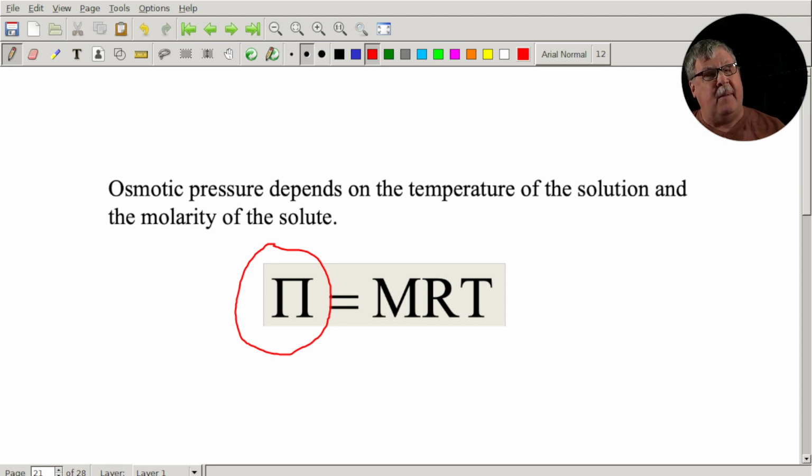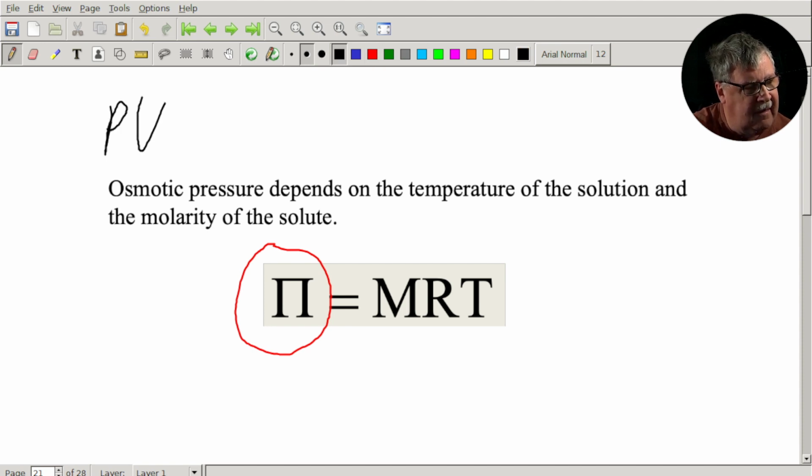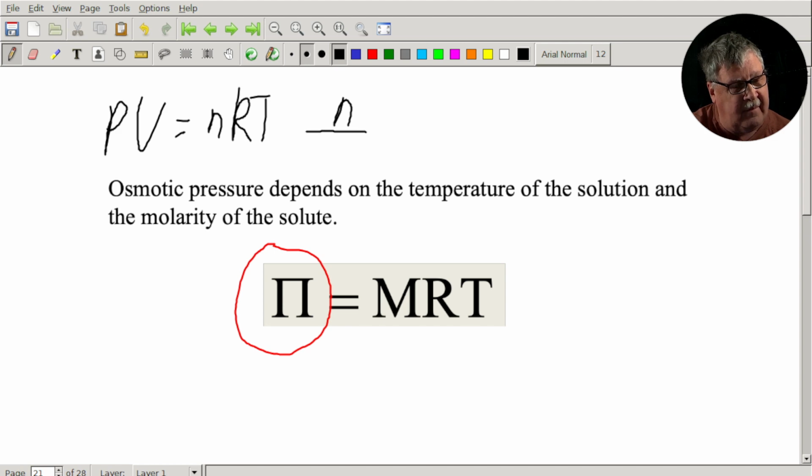So osmotic pressure is going to depend, one, on the molarity of solute particles, and two, on the temperature. And the origin of this equation is actually PV equals nRT, where if you take number of moles of something and divide it by volume, that gives you the molarity.